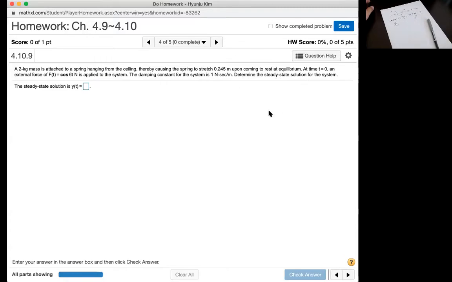Then at time t equals 0, the external force is cosine 6t Newtons. So we're going to deal with a non-homogeneous differential equation, right? And the damping constant is 1 Newton second per meter. So what's the steady state solution? That's the particular solution, which we can find using the method of undetermined coefficients.